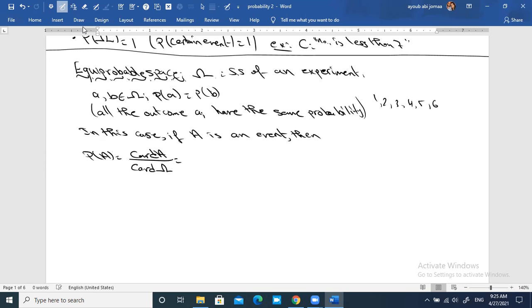That is, the favorable outcomes over the total number of outcomes.